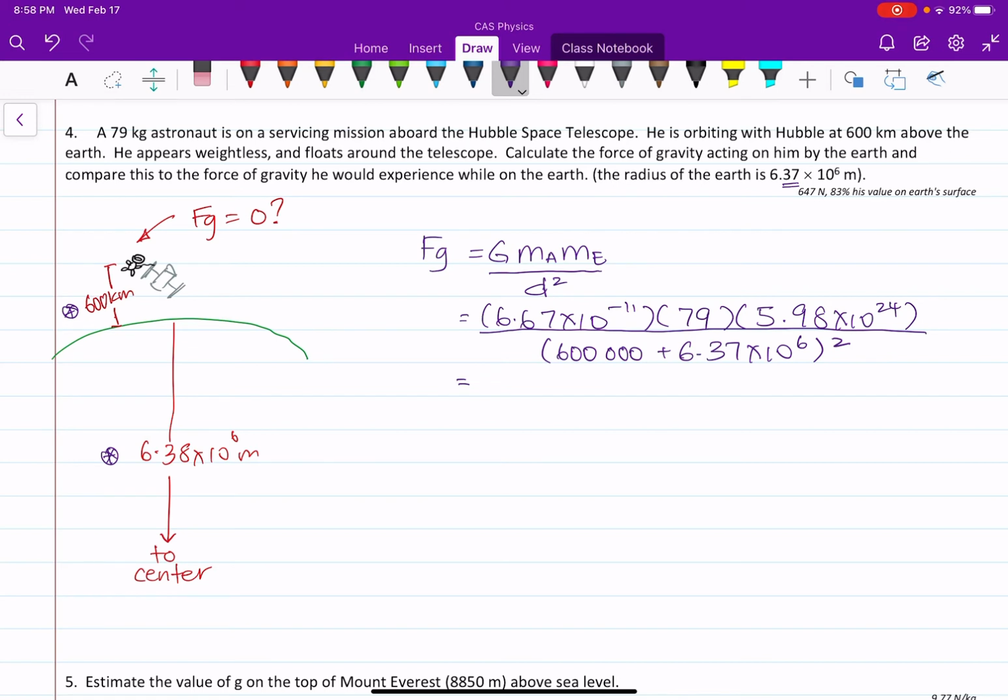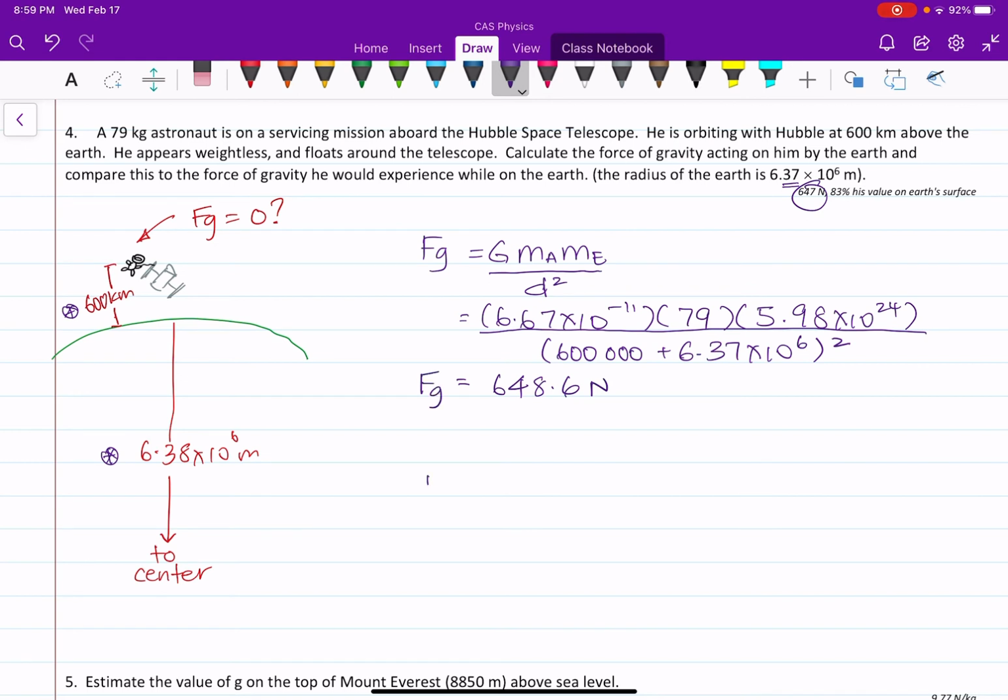And I get 648.6. It is a little different, since this one says 647. I wonder if I used the old number for this. Anyway, I get 648.6. What did you get? I don't know which one you used.